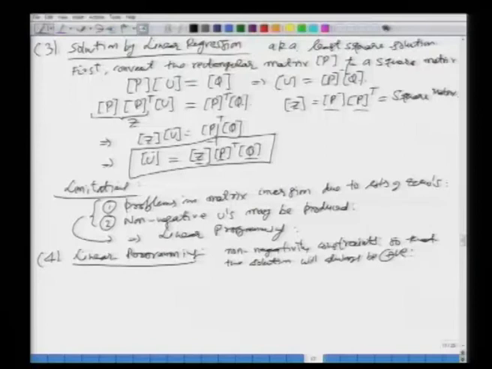In this course I will not have time to go through the intricacies of the optimization method itself. I will expect that you understand what linear programming is, or the basic concepts of optimization.